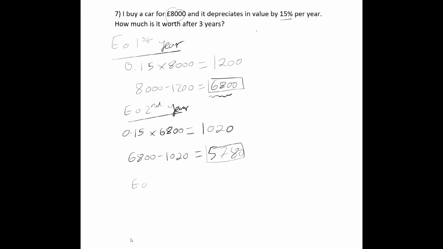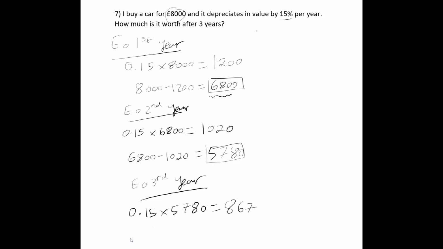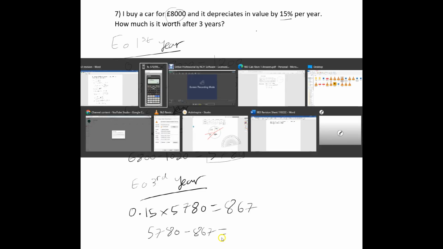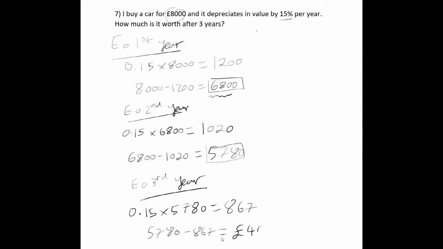Finally, at the end of the third year, the car will depreciate by 0.15 times 5,780, which is £867. I subtract that from 5,780, which is £4,913, and that is what the car is worth after 3 years.